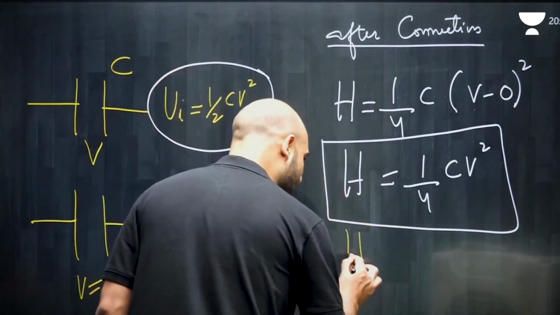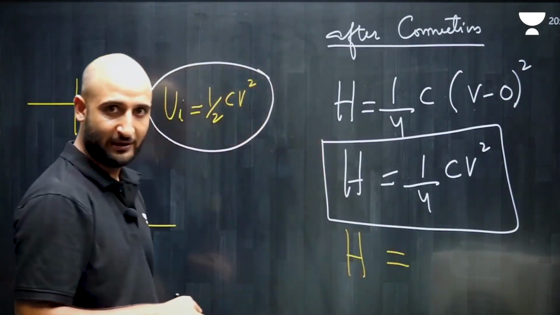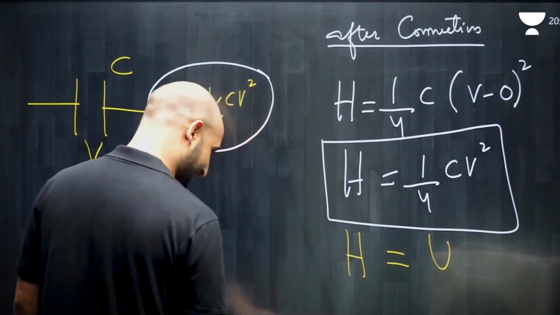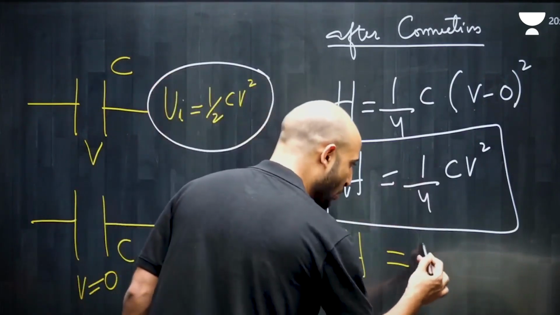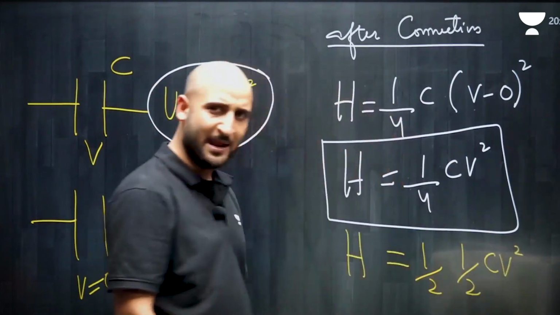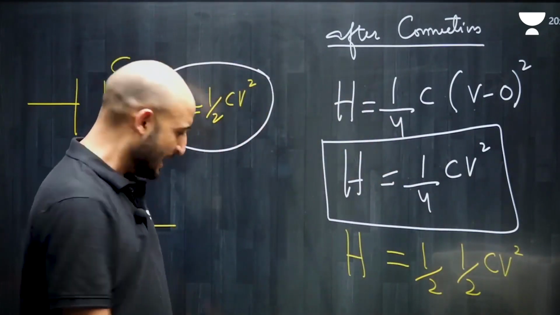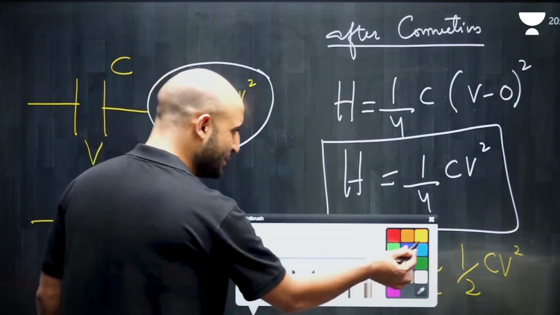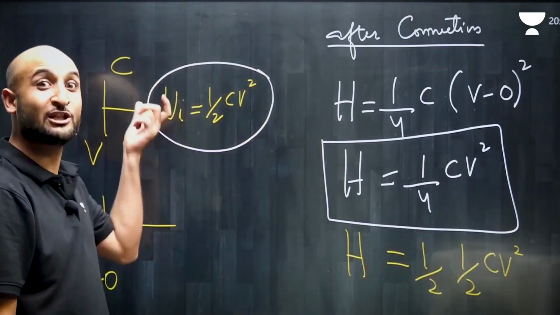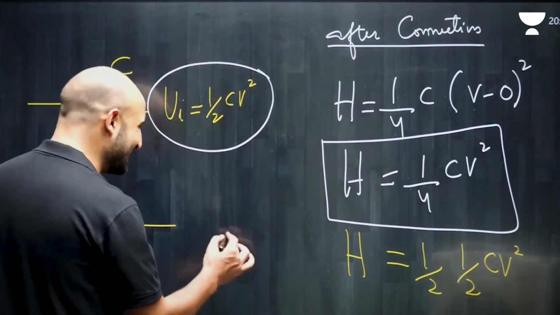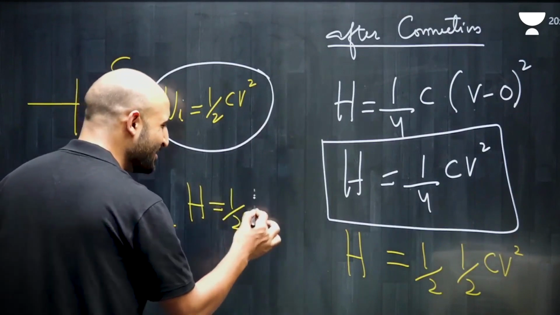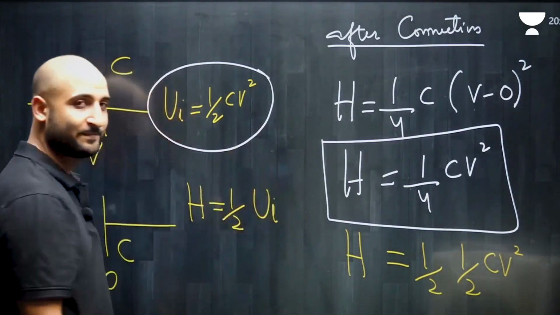The amount of heat lost is equal to 1 by 2 of the total energy, 1 by 2 CV square. Does it make any difference? Absolutely not. But you tell me, what is 1 by 2 CV square? That's the initial energy or the total energy of the system. So can I say then, heat lost is equal to 1 by 2 of the total energy of the system?